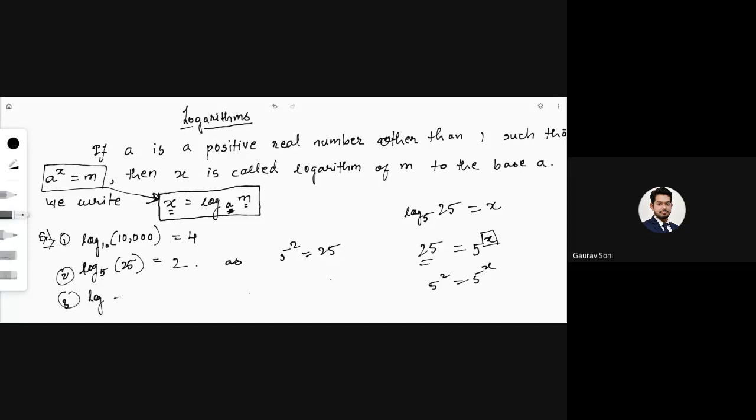Log to the base root 2 of 32. Call it x.